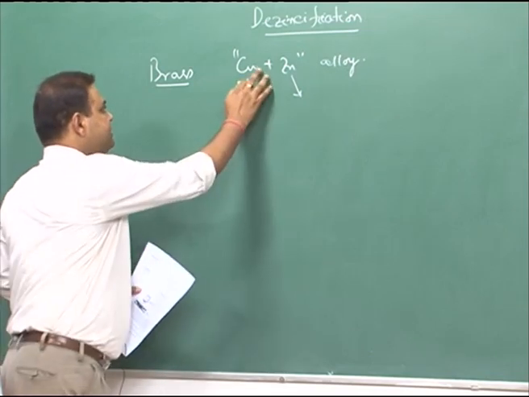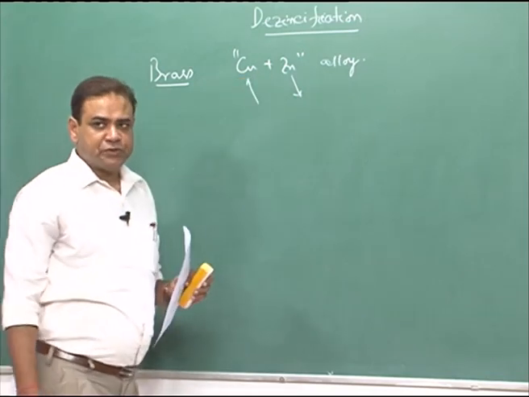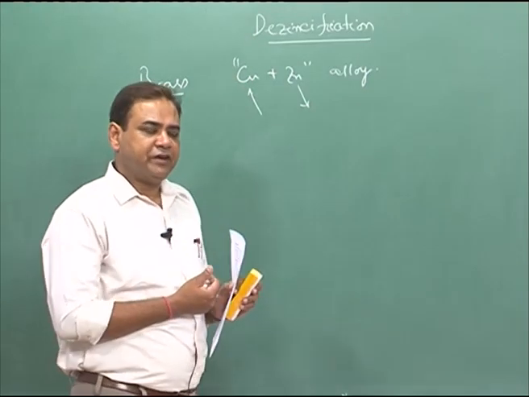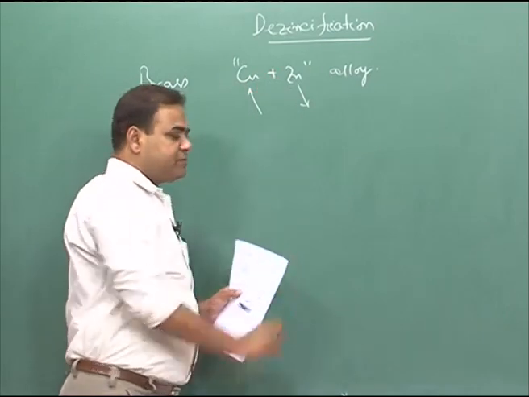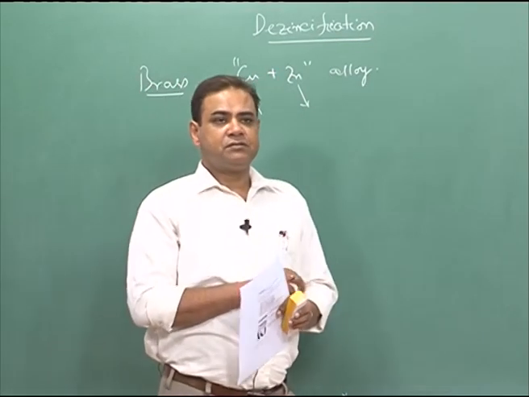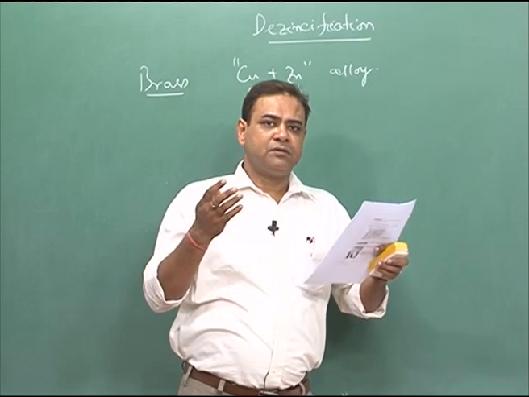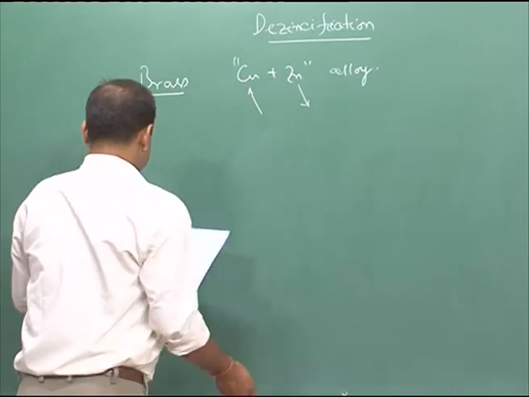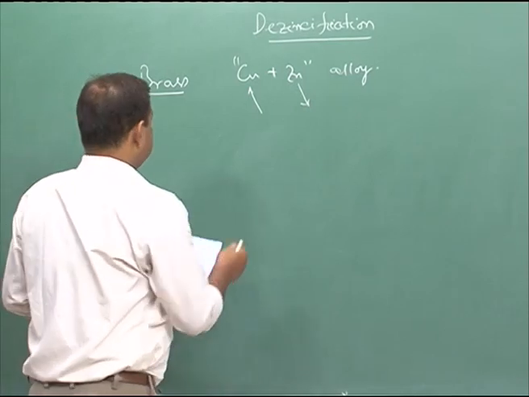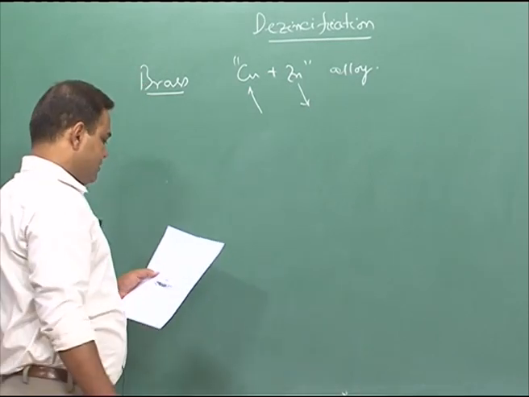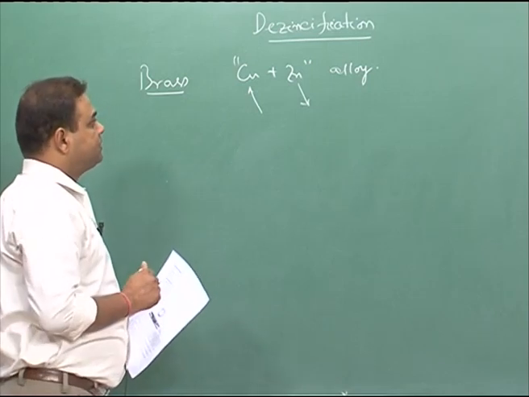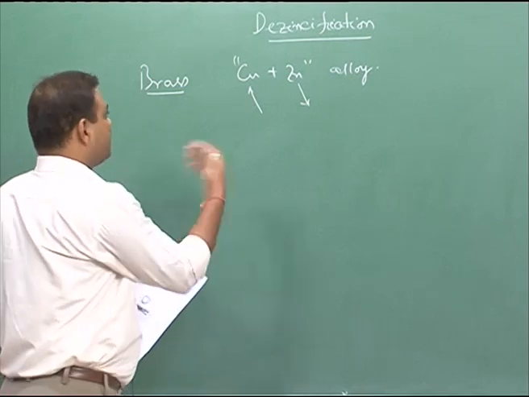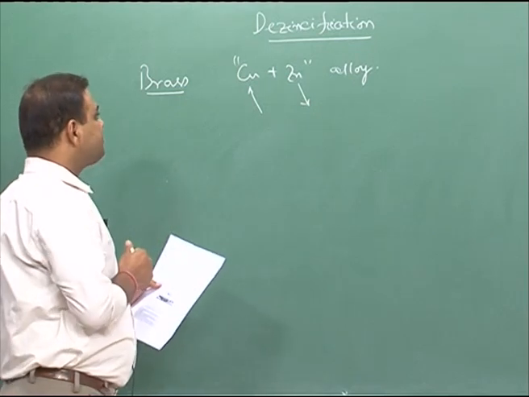So, finally, we will see that the surface is enriched with copper and depleted with zinc, and the surface becomes porous in nature and the strength of the brass decreases. It is observed by the naked eye, and the surface becomes red in color compared to the original yellow colored brass.